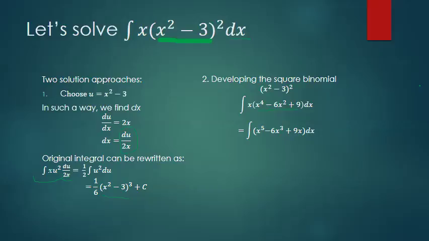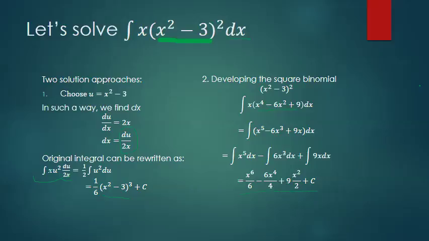And we can develop this product, and we'll have x times x^4 is equal to x^5, x times -6x^2 will be -6x^3, plus 9x. We can separate these three terms in three integrals, and then we can finally apply the power rule to find the solution.